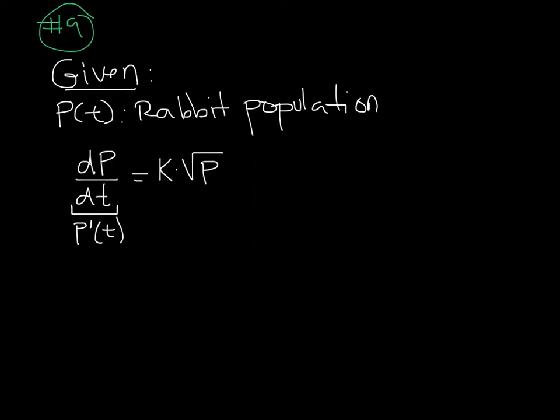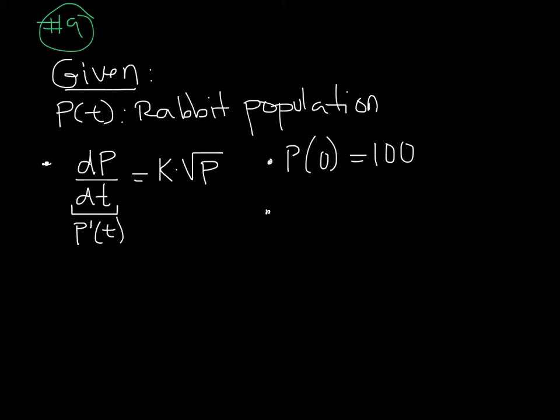At time t equals 0, the population numbers 100 rabbits. So that's one piece of given information, an initial condition. At t equals 0, the population numbers 100 and is increasing. Keyword increasing: that means we're going to take the derivative.